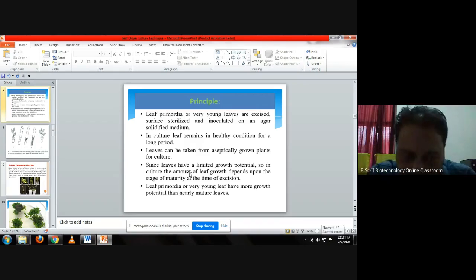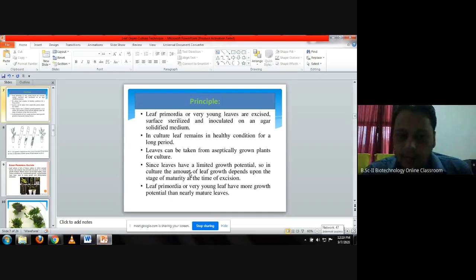So it is advised that you take a leaf which is grown aseptically. For example, you will take the seed, sterilize that seed, and grow it aseptically in a conical flask. Now whatever shoots and leaves it will produce are also aseptic. From that you will excise a leaf and take it for your experiment.